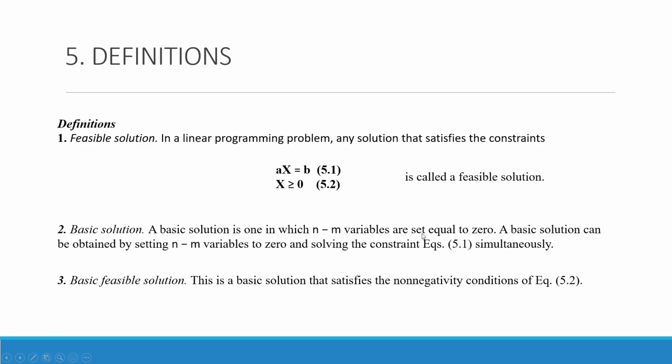A basic solution can be obtained by setting n minus m variables to 0 and solving the constraints 5.1 simultaneously. And a basic feasible solution is a basic solution that satisfies the non-negativity condition of equation 5.2. Obviously, all the variables need to be greater than or equal to 0.